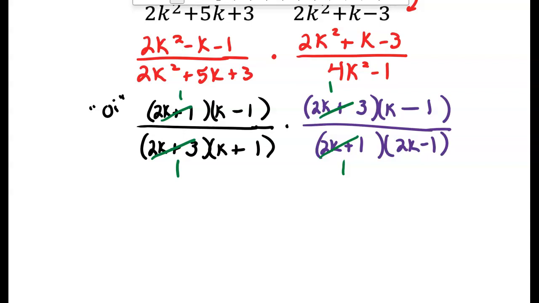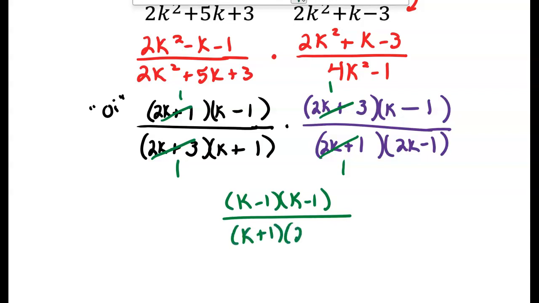You could write it 2 different ways. You can go k minus 1 times k minus 1 over the quantity k plus 1 times the quantity 2k minus 1. Now, notice, did I ask you to simplify this? If I was a really amazing math teacher, I would say, all to do.